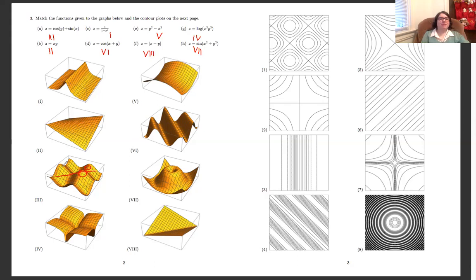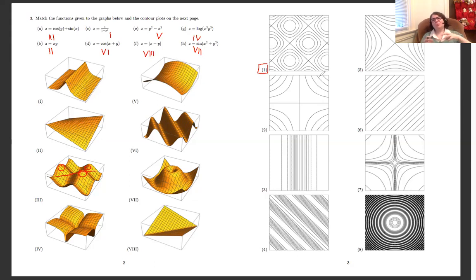First of all, there's only one of these that has multiple circles going on, and that's number 1. Plus, I see those lines happening as I weave between the hills. Plus, I'm pretty happy about the fact that they're not exactly circles, because I didn't exactly get the equation of circles when I was setting Z equal to a constant before.